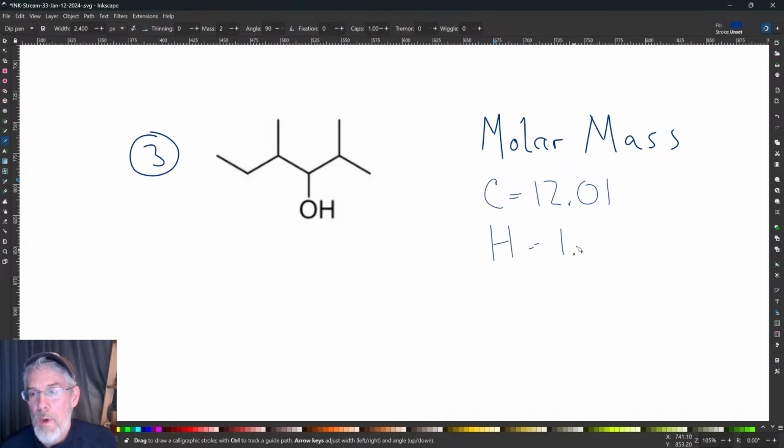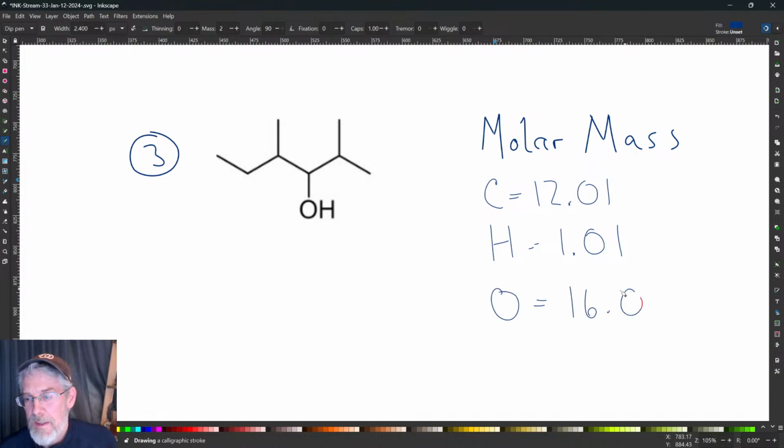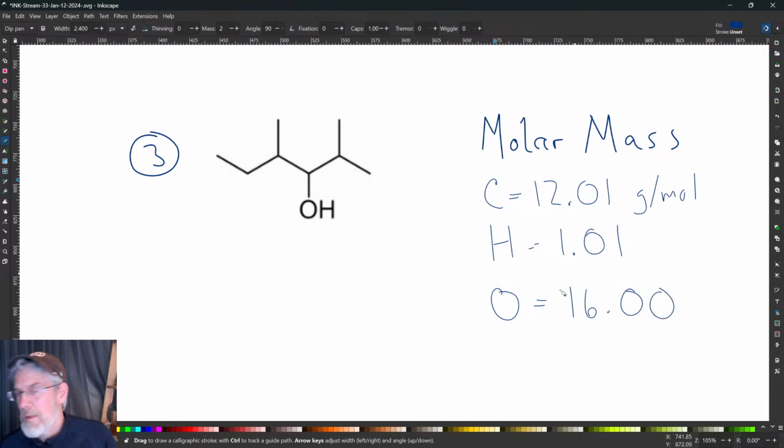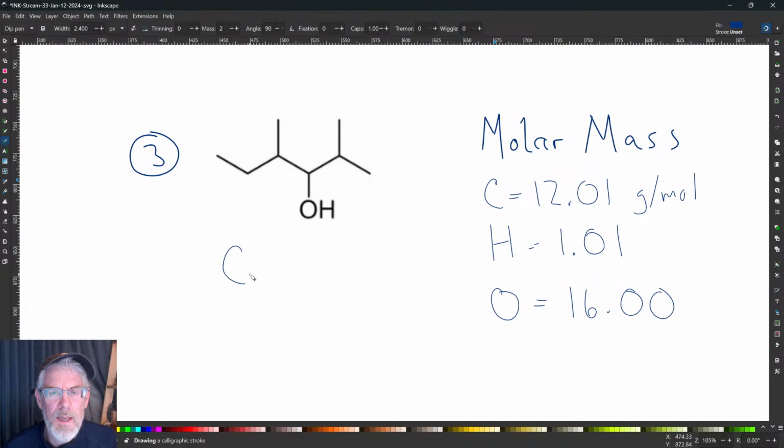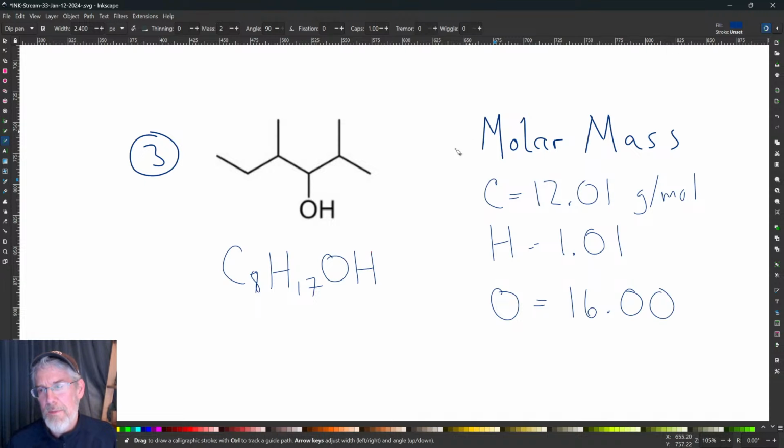Hydrogen is 1.01, and oxygen, typically we say 16.00, and all of these are grams per mole. See if you can find the molar mass for this. And we said it was what? C8H17OH. I think that's what we said. So give that a try.